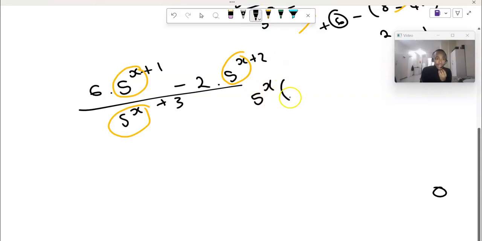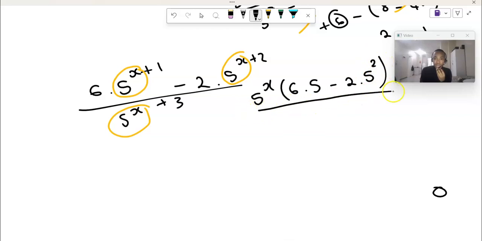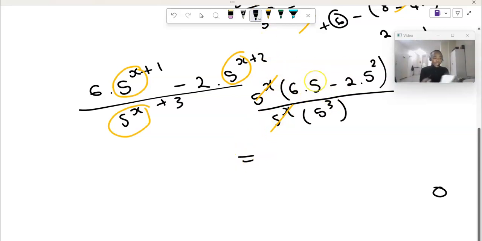So 5^x, and then 6 times 5 minus 2 times 5 squared. This is all divided by 5^x times 5 cubed. And then you basically remove these two, and it becomes simple math. Just put this on your calculator.